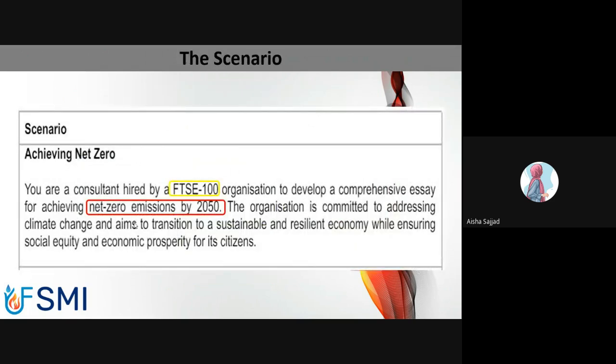So the basic scenario of this unit number 6, which has been provided in the assessment brief, is that you, the learner, are being hired by an organization which is FTSE 100, also known as the Stock Exchange of London, and your task is to develop a comprehensive essay.